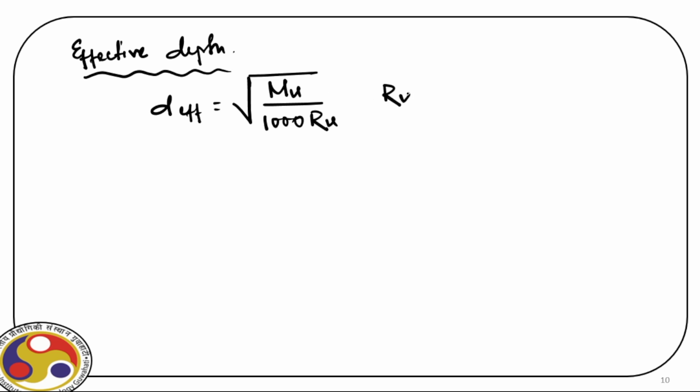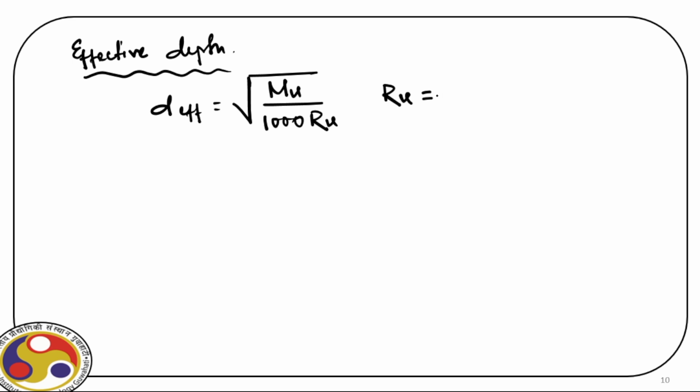Recall the beam design, we have already done it. So D effective is equal to square root of Mu divided by 1000, that is the width we have considered, times Ru. And we all know what is the expression of Ru.